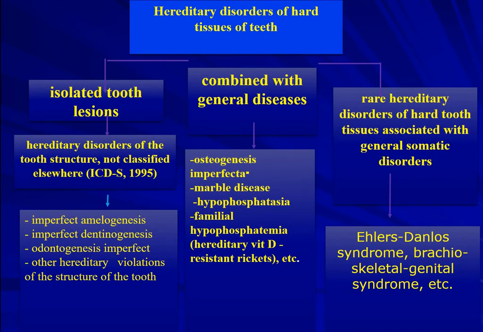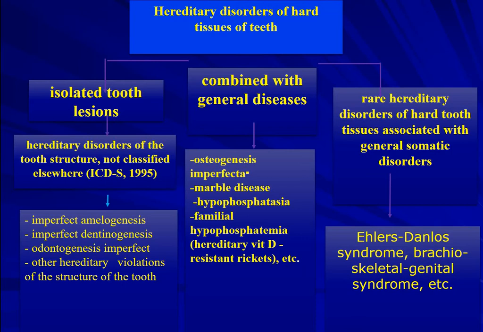Hereditary disorders of hard tissue of teeth are divided into three groups: isolated tooth lesions, combined with general diseases, and rare hereditary disorders of hard tissue associated with general somatic disorders.